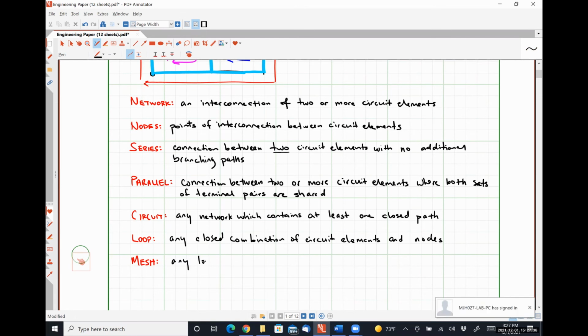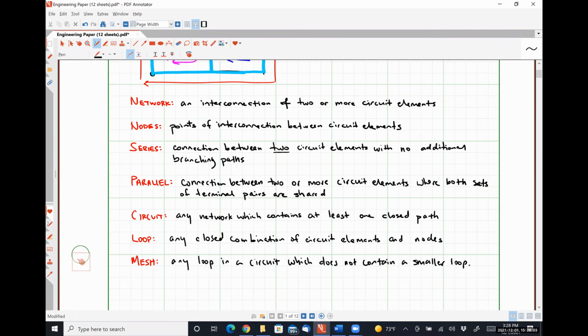So a mesh is any loop in a circuit which does not contain a smaller loop.